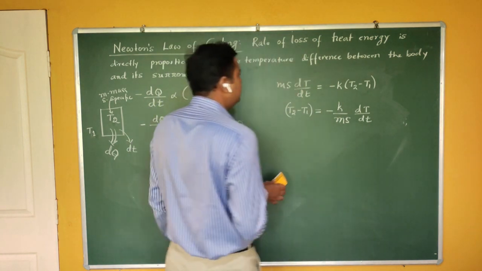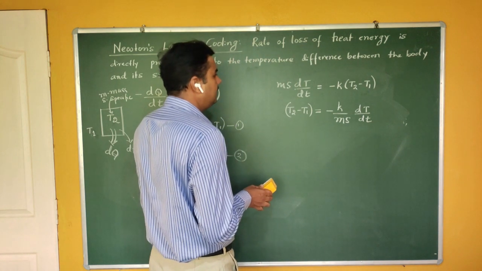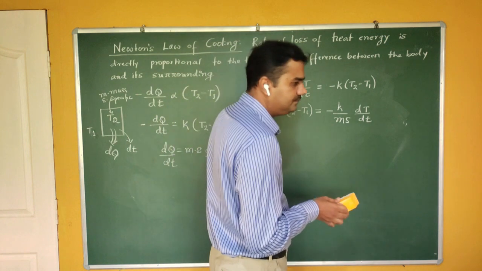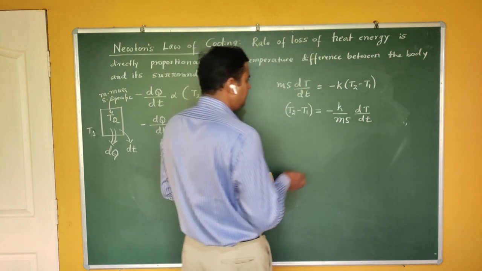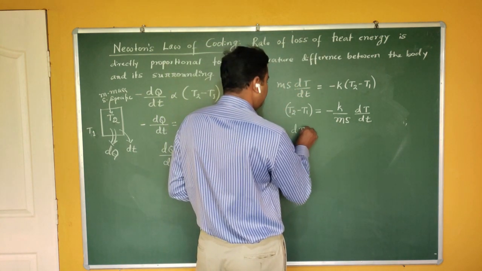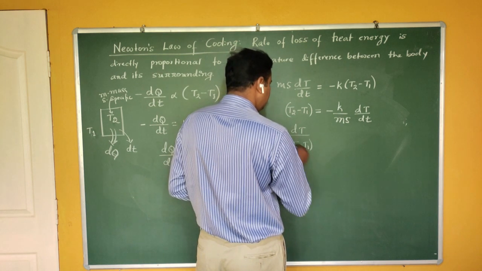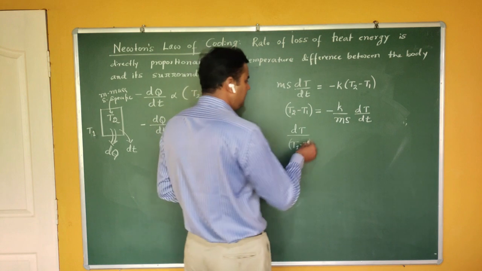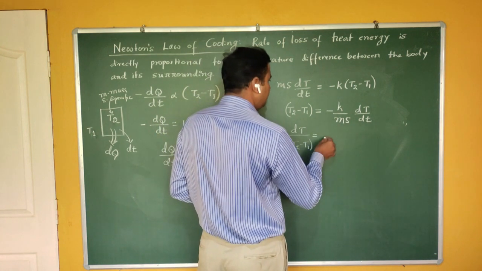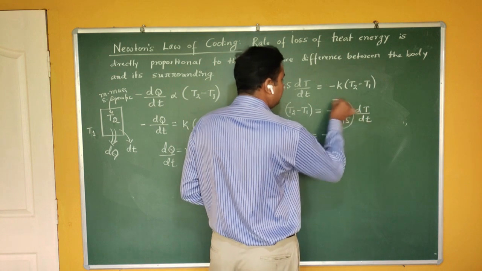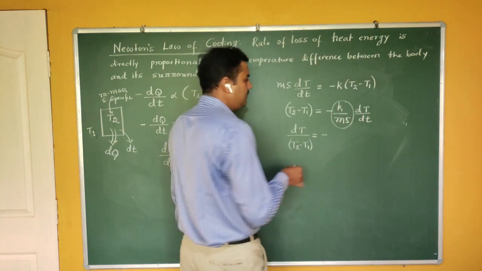Again let me make some modifications here. If I take T on the other side and dt on the other side, I make dT divided by T2 minus T1, because I have to follow a certain integration step here. So dT divided by T2 minus T1 is equal to minus k by ms, which are all constants, k is constant, m is constant.